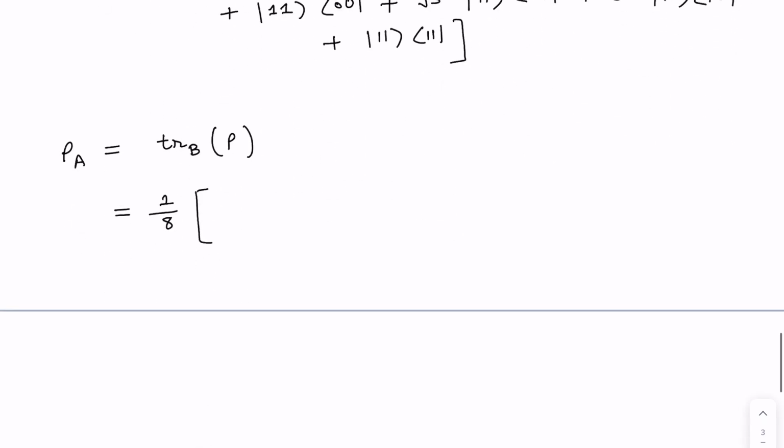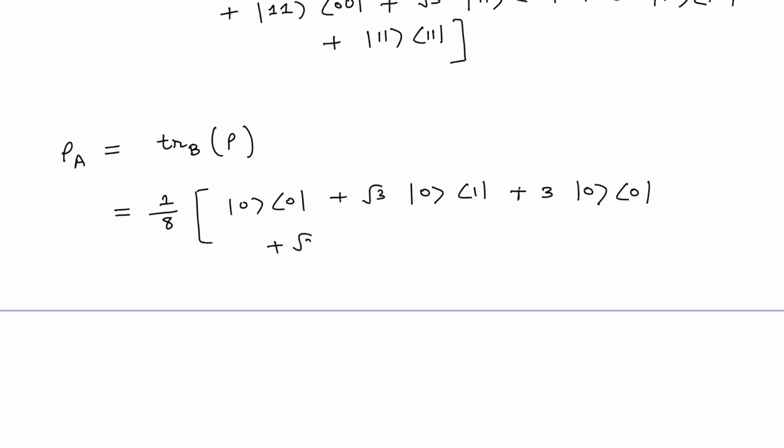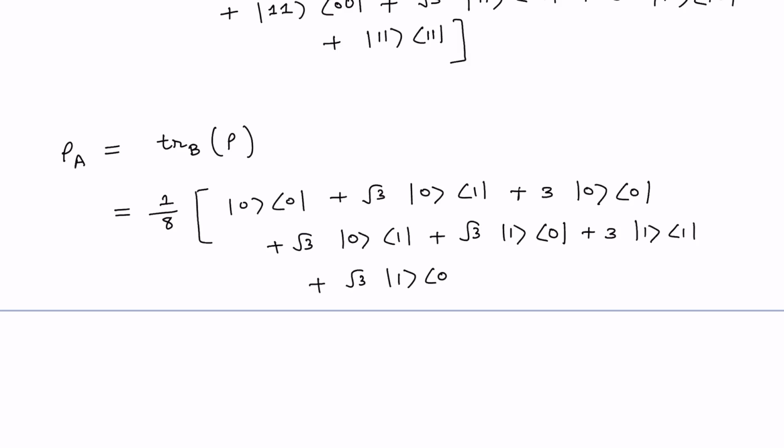You will get terms like this: |0><0| plus root 3 |0><1| plus 3 |0><0| plus root 3 |0><1| plus root 3 |1><0| plus 3 |1><1| plus root 3 |1><0| plus |1><1|.